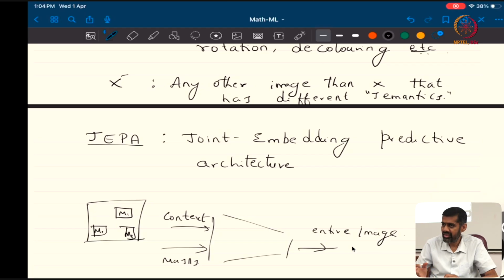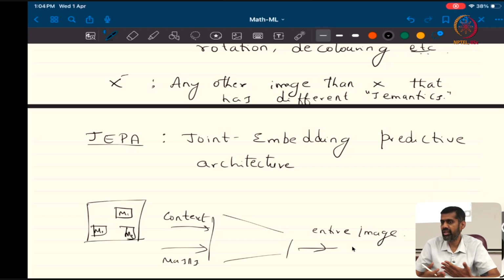This also has a similarity with the idea called masked autoencoder that I mentioned in the previous class, right. If you are looking at sequential data, what you do is you give a sequence as an input to a transformer. You do not give the entire sequence, but you give a masked sequence as an input and ask it to predict the masked part of it.